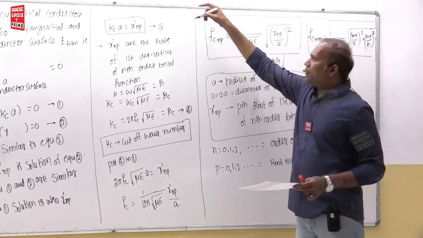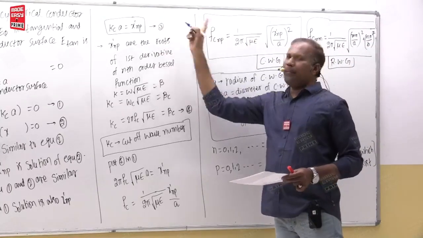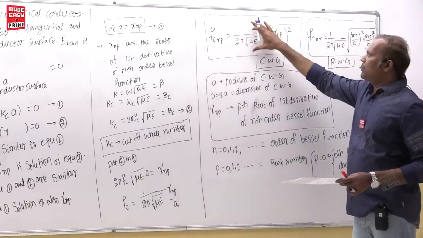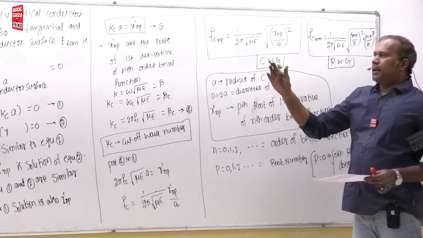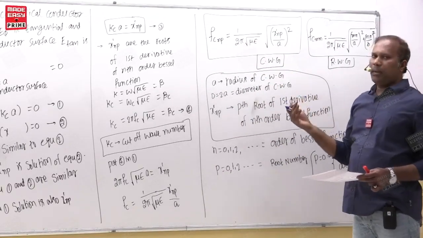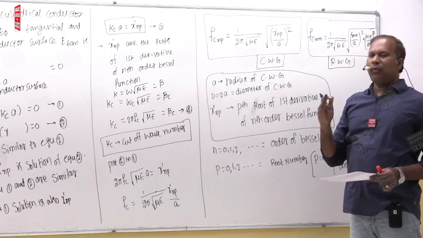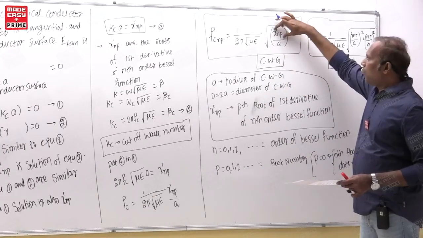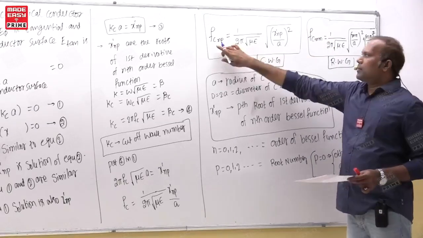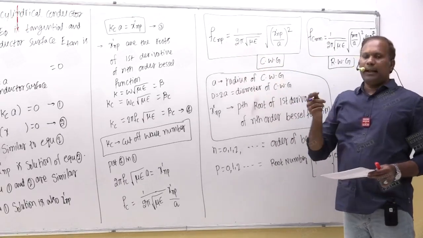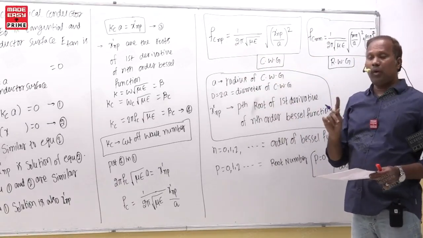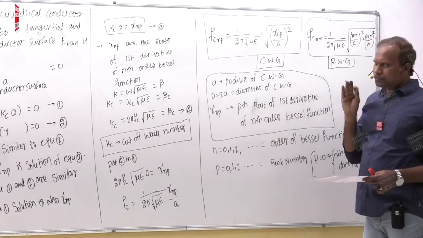Students, you have to remember only this formula. This formula came from this. This and this both are the same. And if you remember this formula, after that, if you want, you can remember that root value, 1.84. This value is 1.84 for the 1 1 mode. So you get fc11 for the TE11 mode. That is the dominant mode.